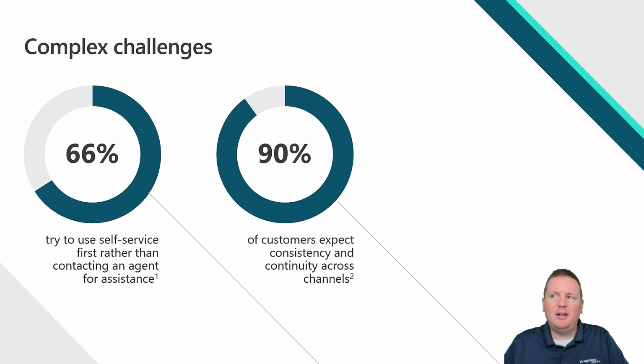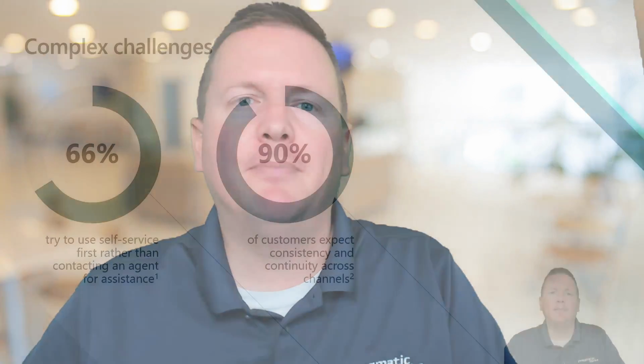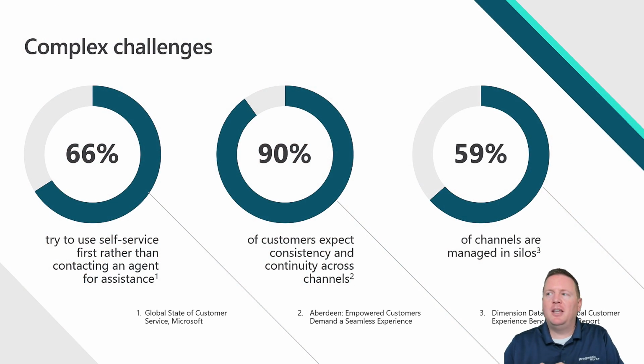And then 90% of customers expect this consistency or continuity across channels, meaning if I were to actually dial in and talk to someone live, I would expect the same experience that I have if I were interacting with an automated system. And this is all, of course, leading into how Power Virtual Agents can be designed in a way to feel like it has continuity across live people as well as the chatbot capability. And then finally, the last thing here is 59% of channels are managed in silos.